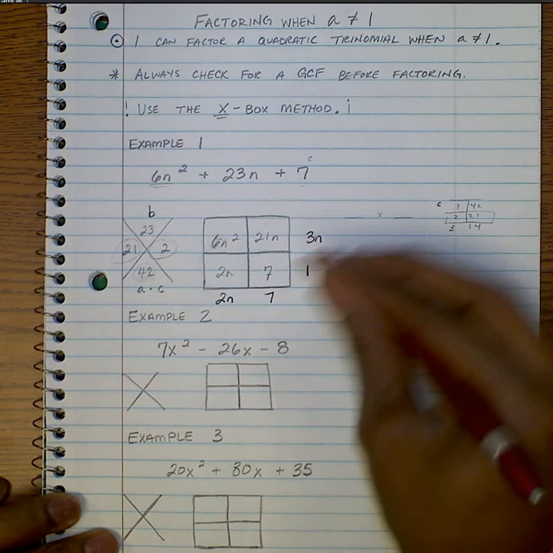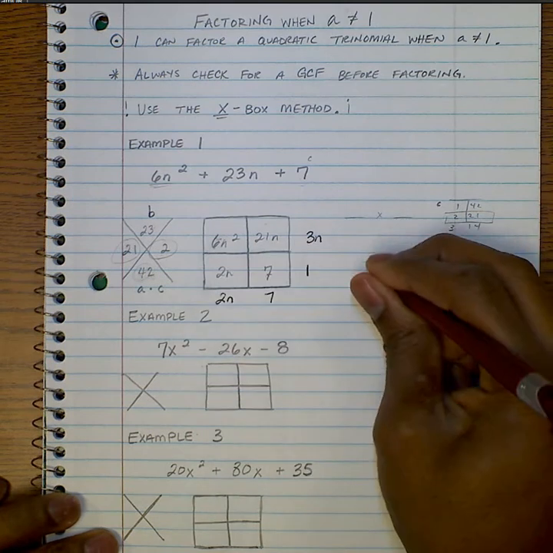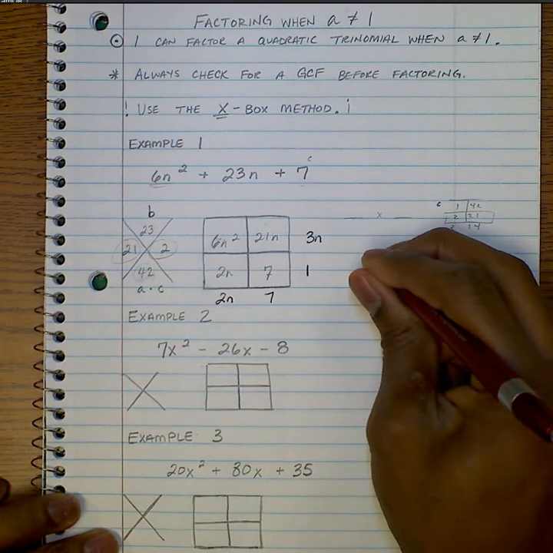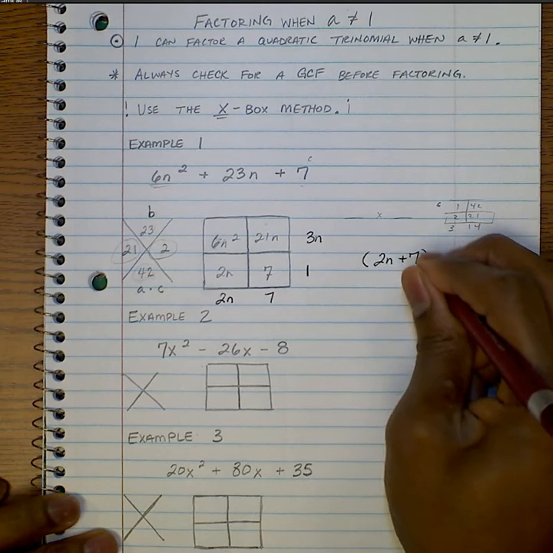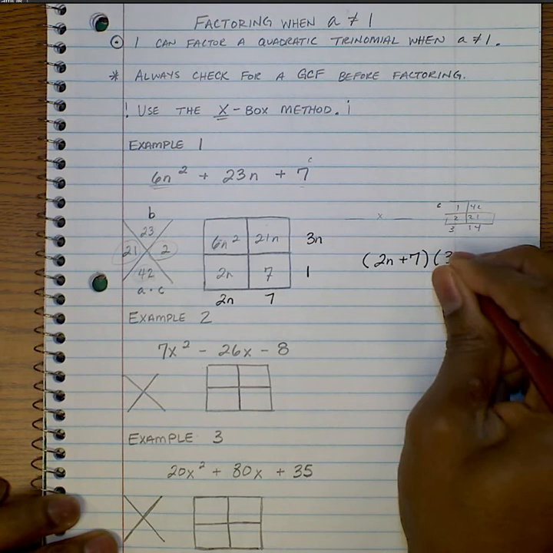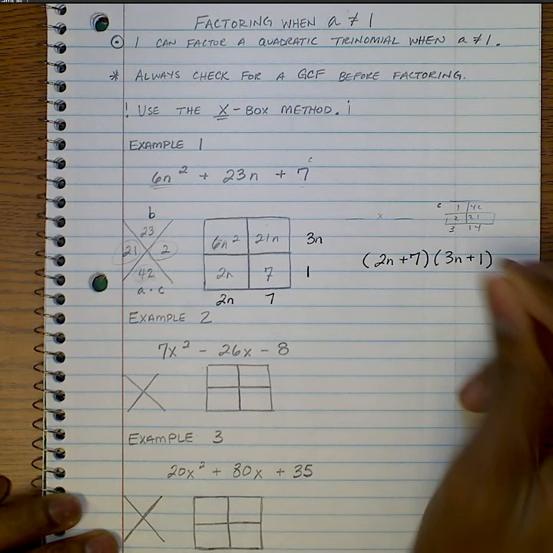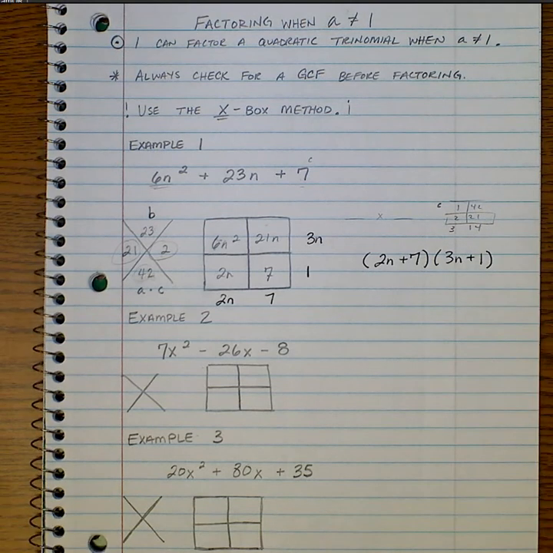And so, all my signs are right. They're all positive. That makes it easier. So I have 2n plus 7 times 3n plus 1. And those are my two factors.